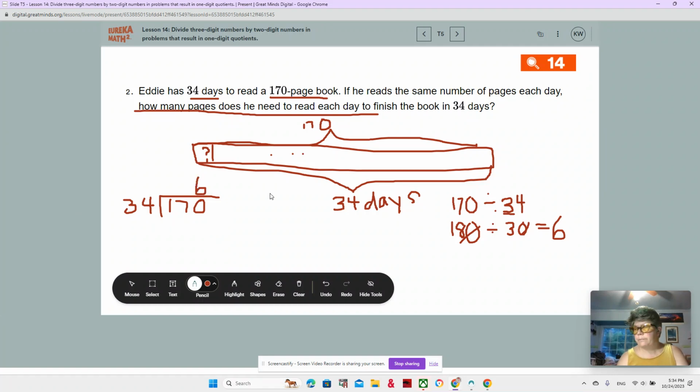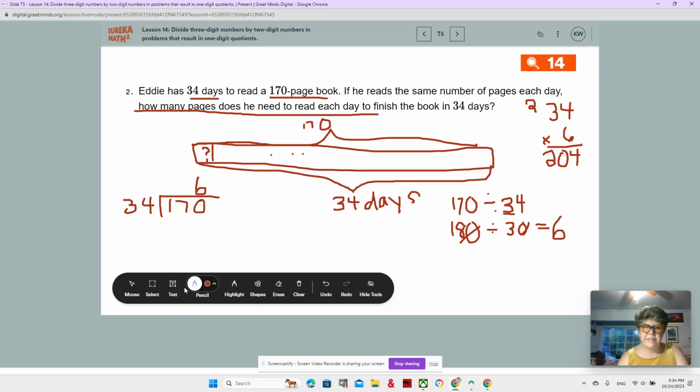I estimated. I'm dividing. 6 times 34. Okay, let's see. 34 times 6. 6 times 4 is 24. 6 times 3 is 18, 19, 20. 204. Uh-oh. 204 is more than I even have here, isn't it?